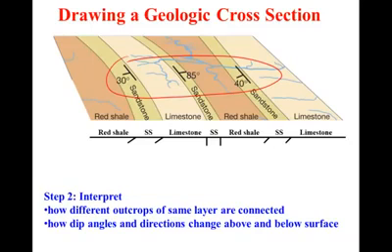And the portion above the ground has of course been eroded away. It's no longer preserved. It would have been there at some point in the past. So when inferring how your different rock layers are connected and how the dip directions and angles change, don't just limit yourself to what's going on beneath the surface. Also think about what used to exist above the ground surface before that part of the structure was eroded away.